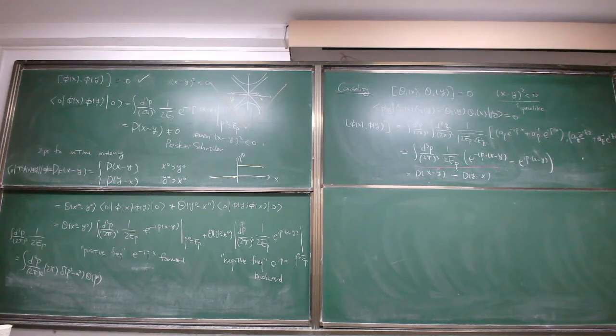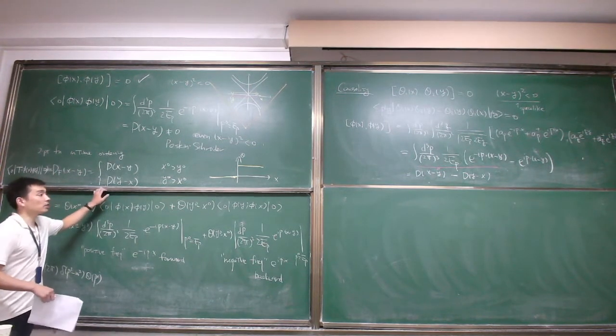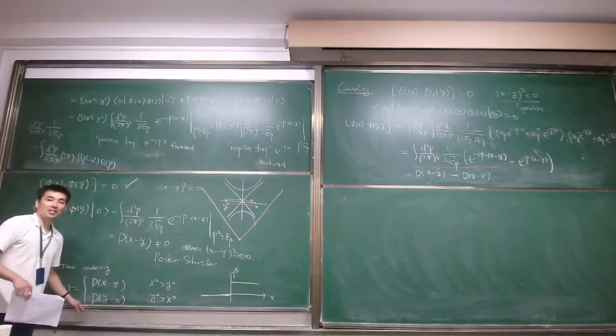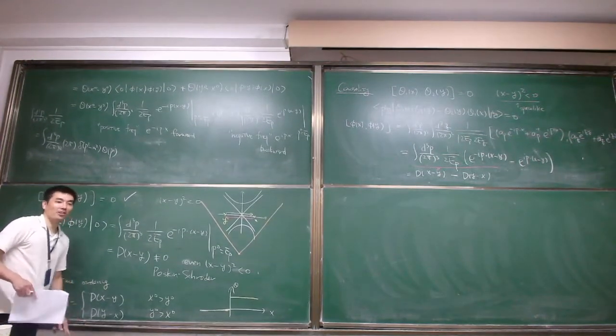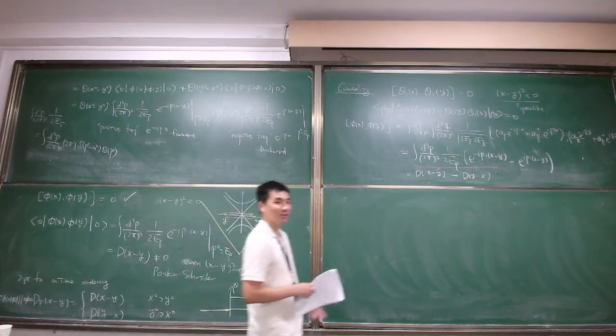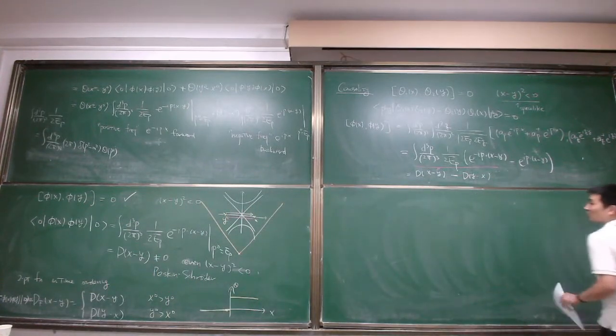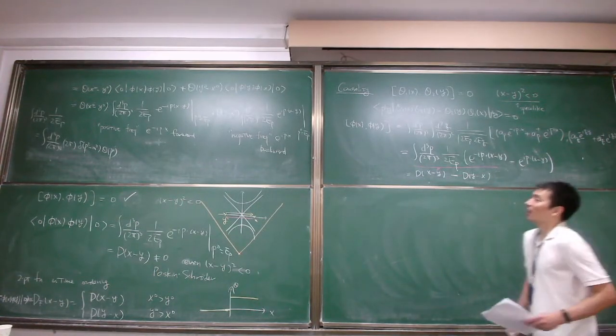We saw that this measure is Lorentz invariant because it can be brought to this one. We will do a similar thing for this expression. Is it hard to see? Anyway, it's recorded. If the recording is successful, no need to take a picture. You can just look at the video.